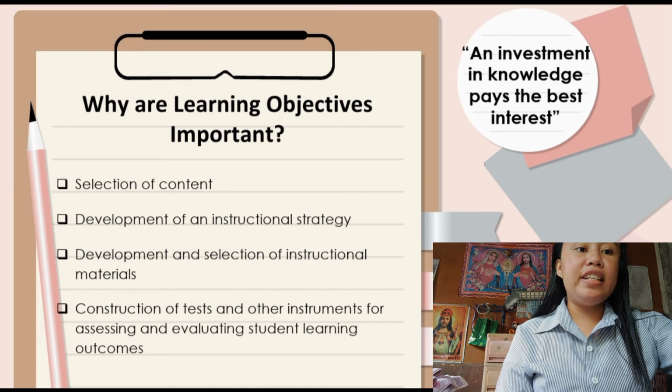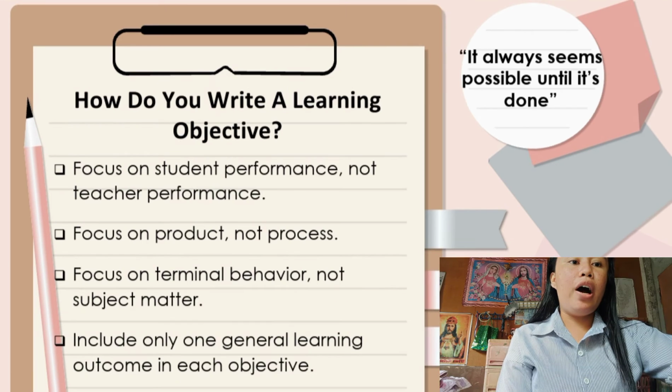And last, how do you write a learning objective? In writing a learning objective, first, we will focus on the performance of the students, not the performance of the teacher. Second, focus on the product, not the process.